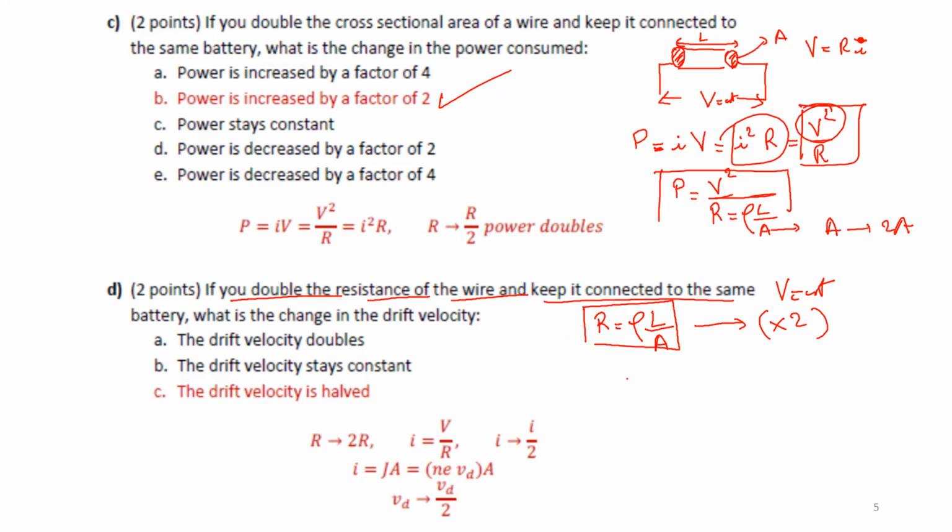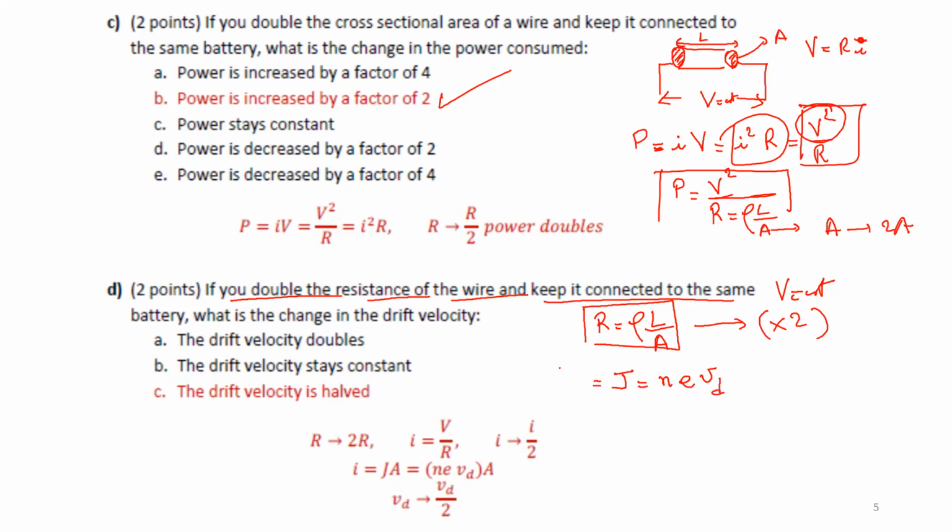As you know, I can get the drift velocity from the current density. Current density is N E V, N being the charge density, E the absolute value of the charge, 1.6 times 10 to the power minus 19, and V the V drift.